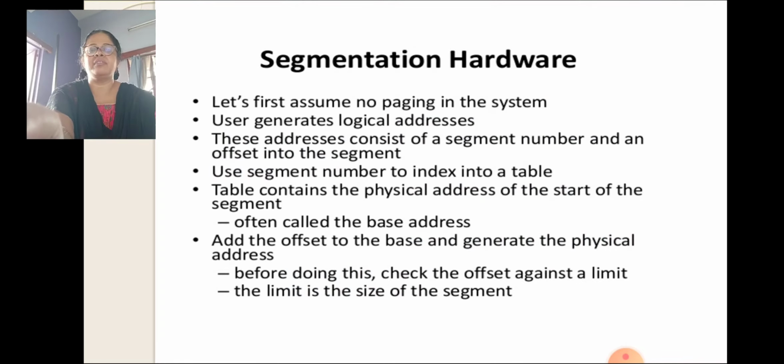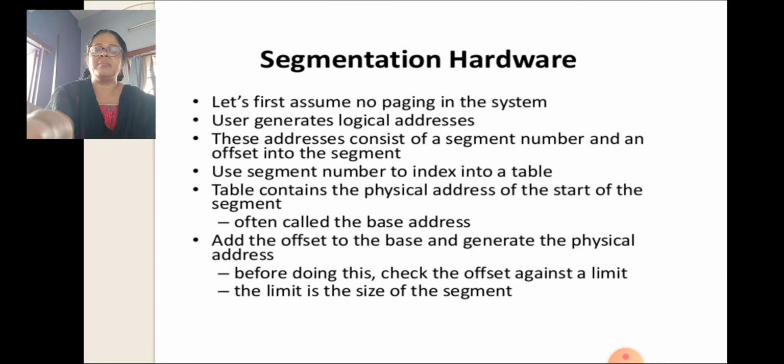Segmentation hardware. Let us first assume no paging in the system. The user generates a logical address. These addresses consist of a segment number and an offset into the segment.